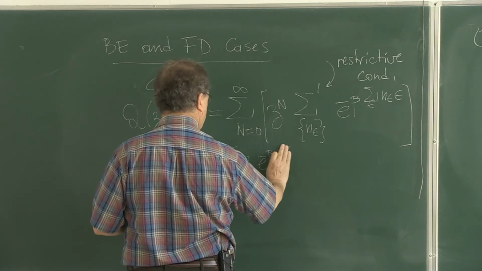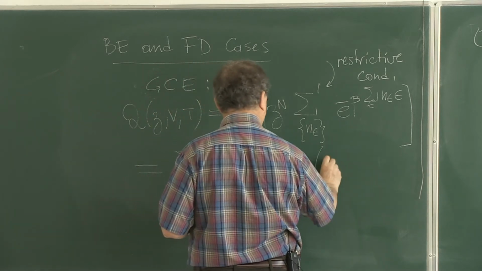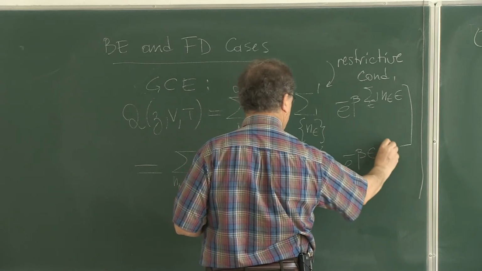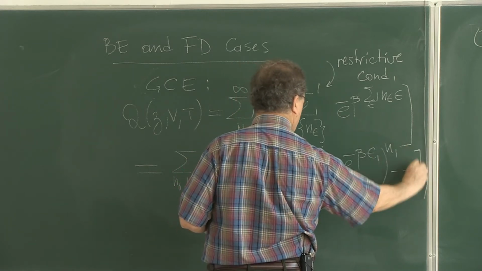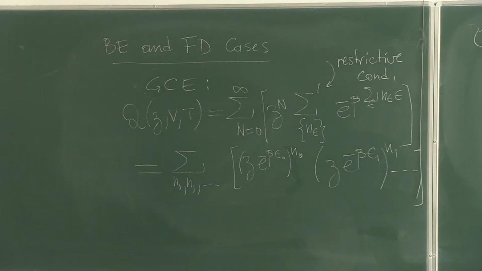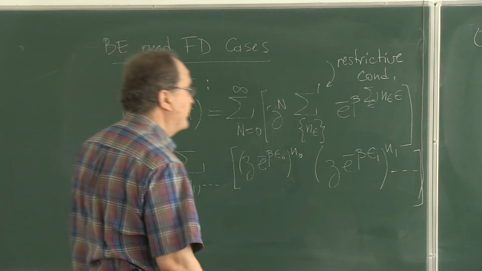Well, let's write this individually as the sum over n0 of z e to the minus beta epsilon 0 to the power n0, times the sum over n1 of z e to the minus beta epsilon 1 to the power n1, etc. Something like this. That means each occupation number will be added separately. They are treated to be independent from each other.